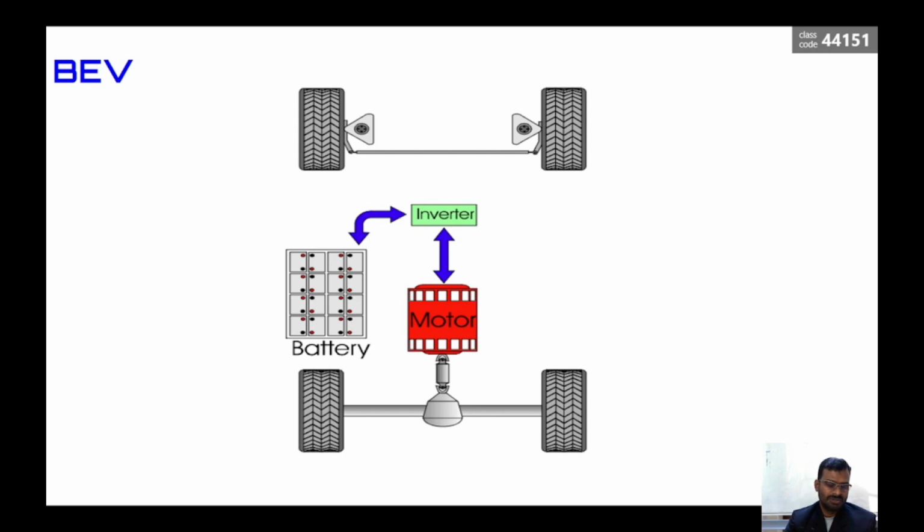The battery stores the electrical energy from the external power supply through the charger and the charging port, and this electrical energy is given to the inverter. The inverter converts this DC supply to AC.